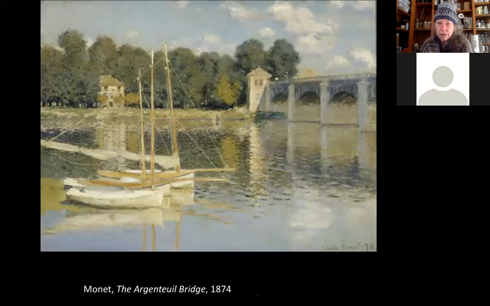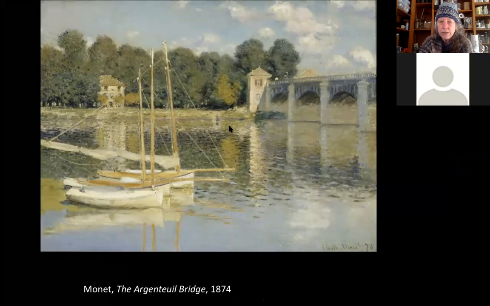Here's another one at Argenteuil, the same suburb. And this is not a classic landscape painting. He doesn't really try to make this look far away, using atmospheric perspective or something. He's just interested in how the trees reflect off the water.